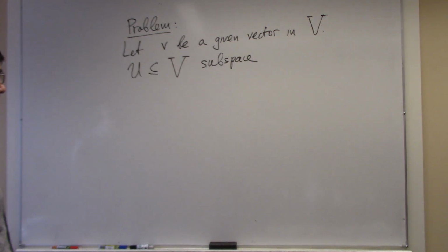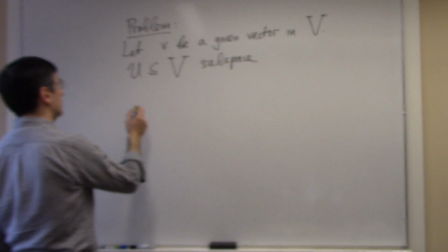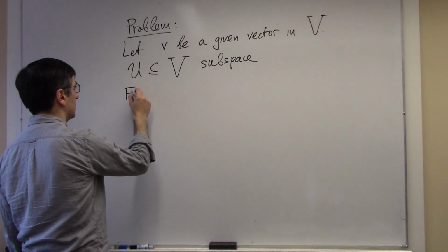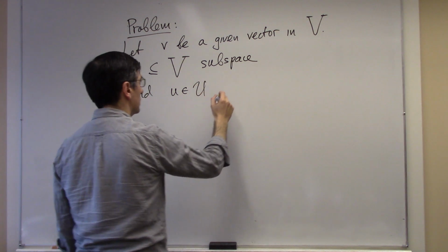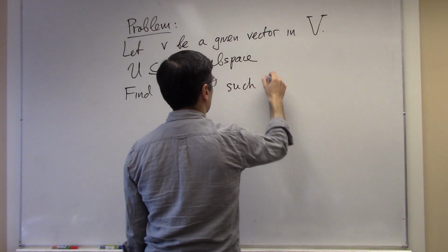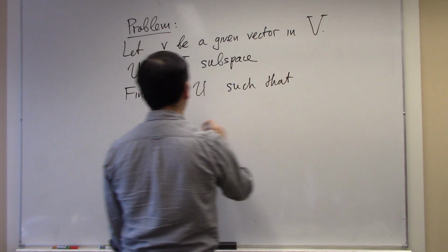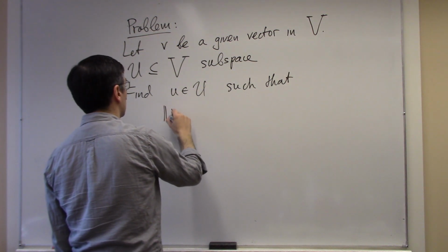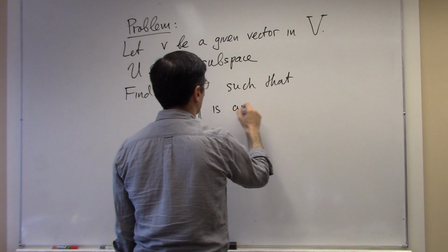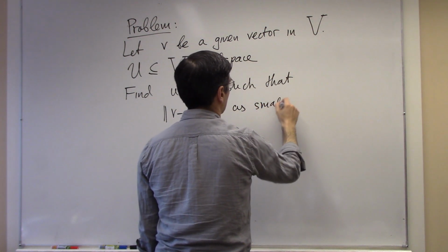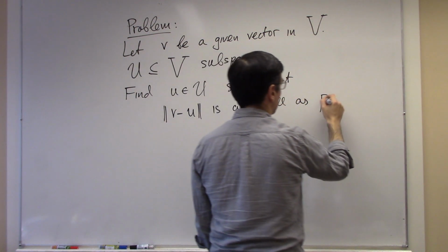Right, so what we want is to find a vector in U such that the norm of V minus U is as small as possible.